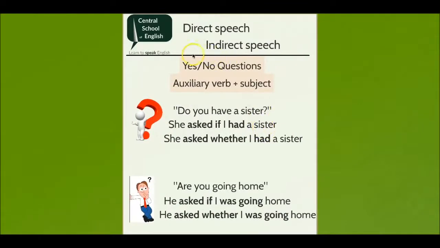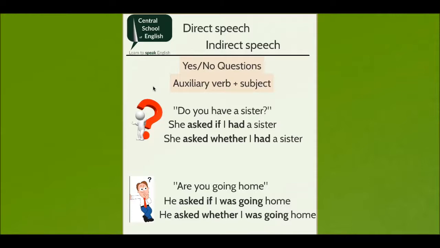If we are asking a yes or no question, changing direct speech to indirect speech is a little different. Yes or no questions have the structure auxiliary verb plus subject plus verb. In this situation, we use the verb asked, and we also use the words if or whether.